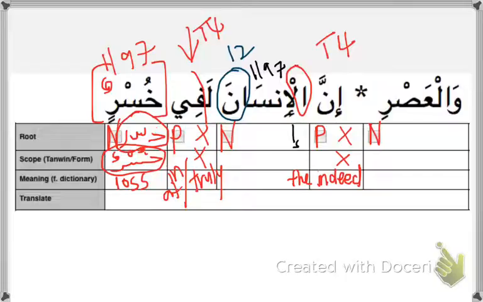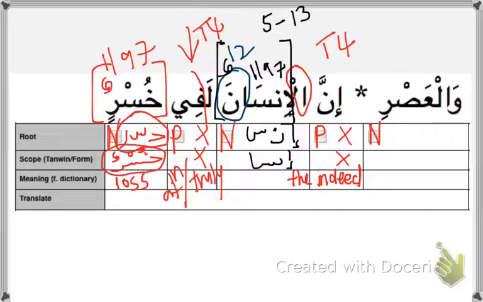So you have the root Hamza, Nun, Sin. And then the scope is between 5 to 13, right? So you scope, and you would have insan, and then the tanween will be at the back. So insanun. You would find insanun in the dictionary, and then you would get the meaning as man.